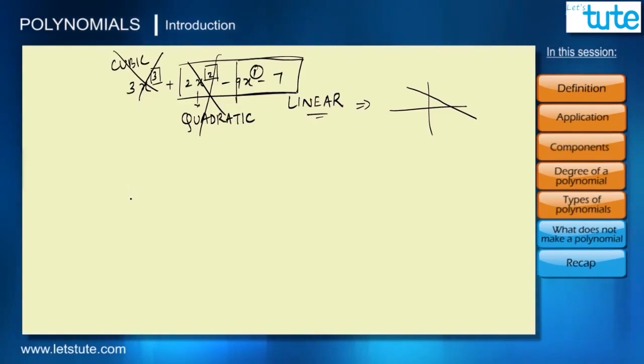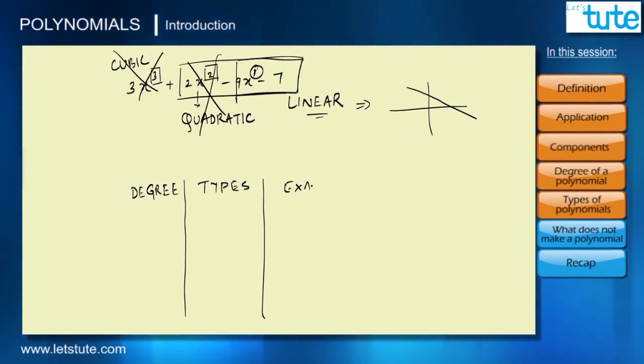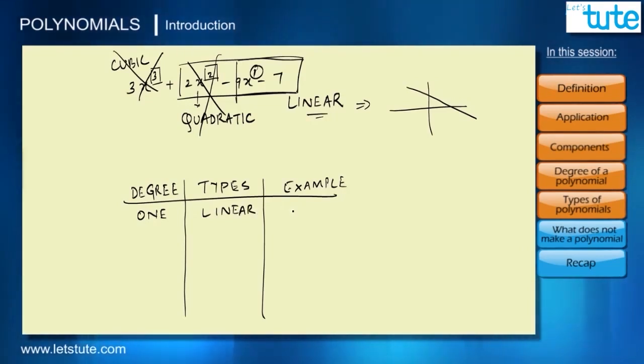Okay, so let us make a table so that we remember it properly. The first column would be degree, then we have types of polynomials, then we'll write an example so that we understand it better. Okay, so when the degree is 1, the polynomial is of the type linear polynomial. For example, let's say 3x plus 7, we have only 1 degree, right?